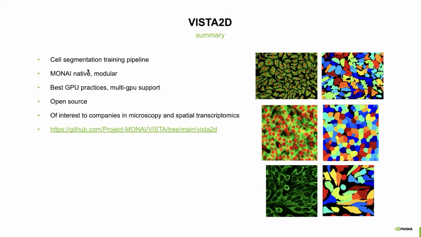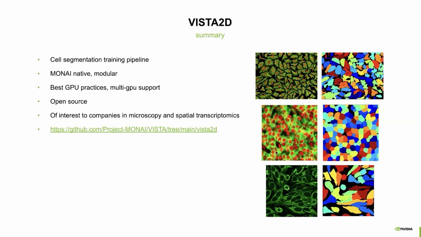So in summary, VISTA-2D is a cell segmentation training pipeline. We put a lot of effort to make it modular and readable for you to train on your own data, although later we realized that not too many people actually have the training data. We do have our own pre-trained weights that we trained as an example.